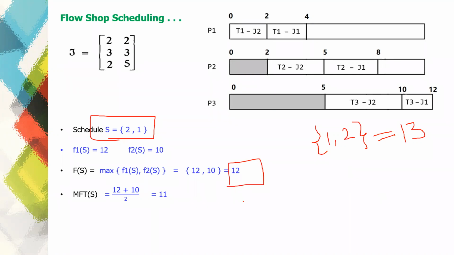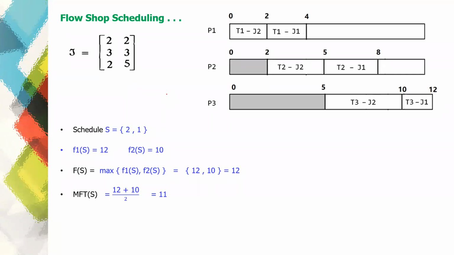So whichever schedule gives me the minimum finish time can be treated as the optimal schedule. Now, among the two possible schedules, this schedule is giving me the minimum finish time, so it will be treated as the optimal schedule. So the optimal schedule is 2, 1.